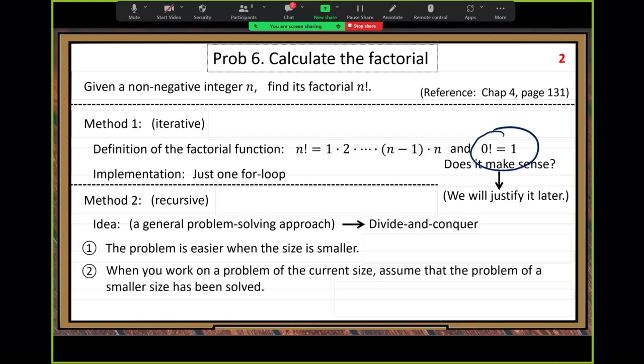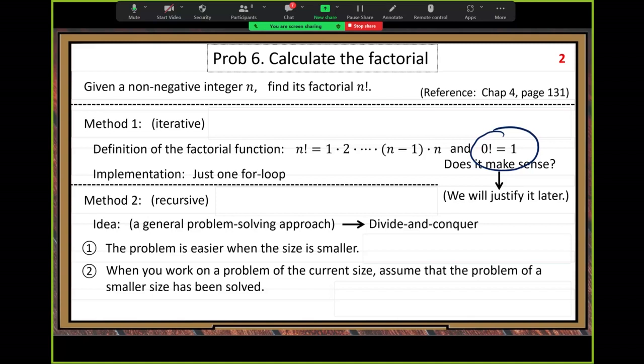When you work on a problem of current size, assume that the problem of smaller size has been solved. Remember, at the end of the last part, before the break time, I talked about that approximate way of problem solving. Here, you can understand it that way, because the smaller size problem is used as an approximation of the original problem.